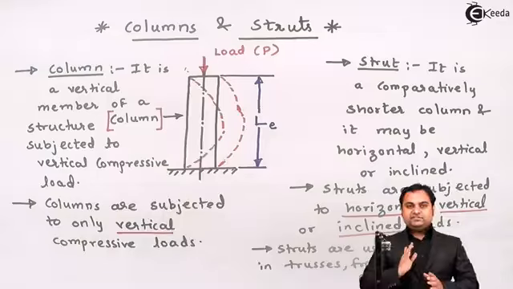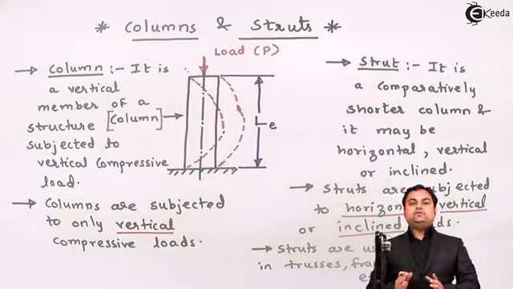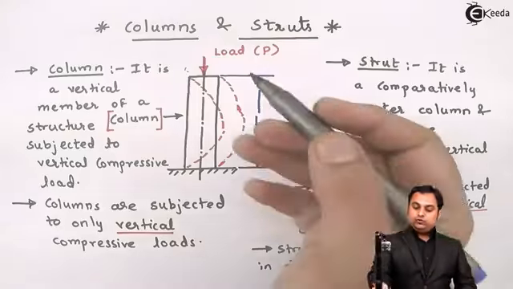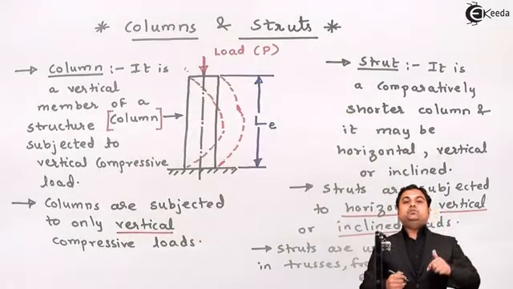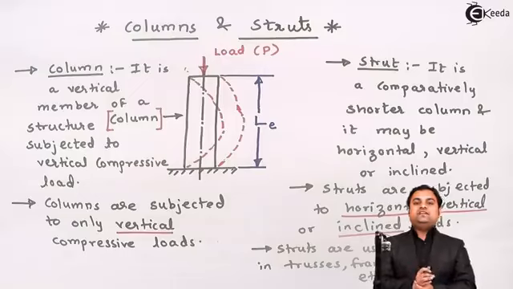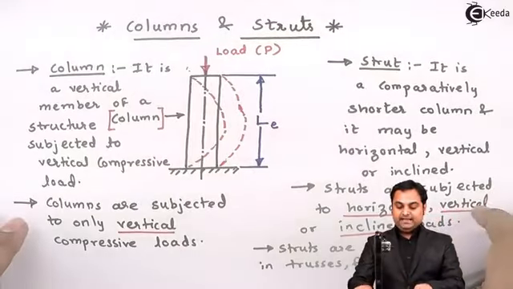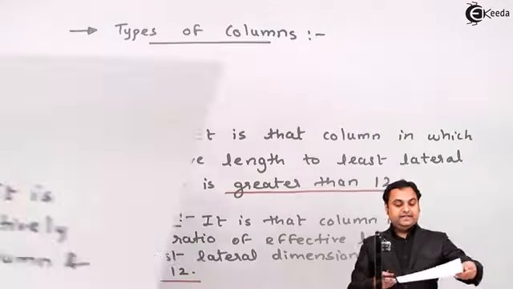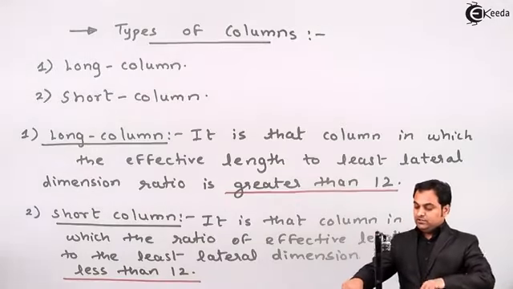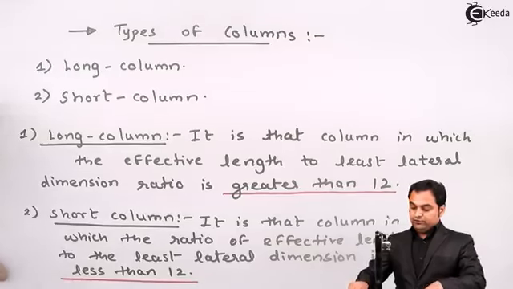Now from this direction I can see only the length of the column. If I want to see the other dimensions, then I have to look at the column from the top, and that will decide what shape of the column is there. So looking from the top, I'll draw two shapes, that is two cross sections for the column.